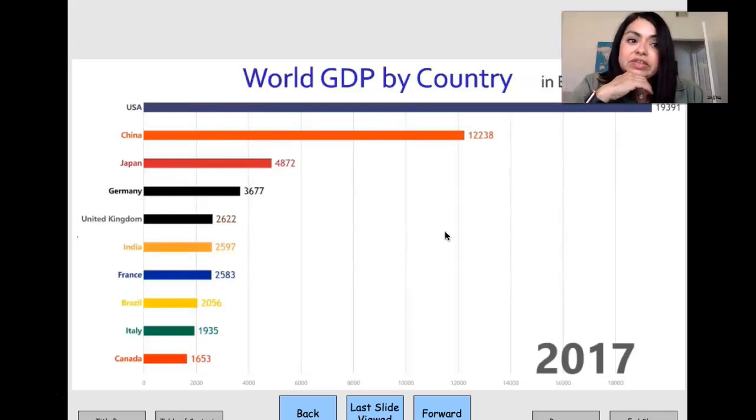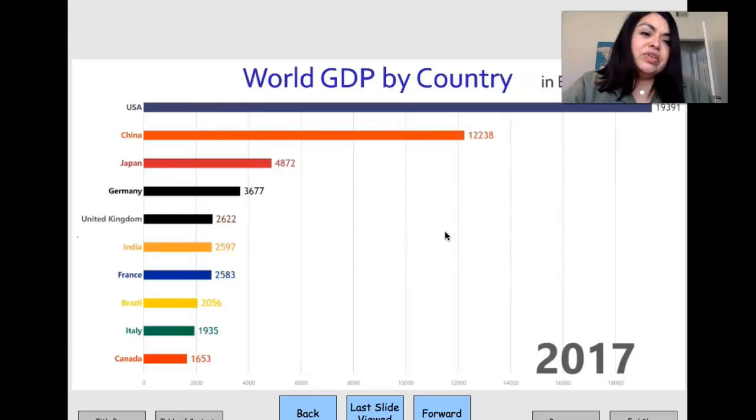You can see China is the second largest economy in the world, followed by Japan, Germany, United Kingdom. See, India is there. India actually is doing better than France. When I was your age, India wasn't even on this list. It was still developing. And so we've got Brazil, Italy, and Canada.